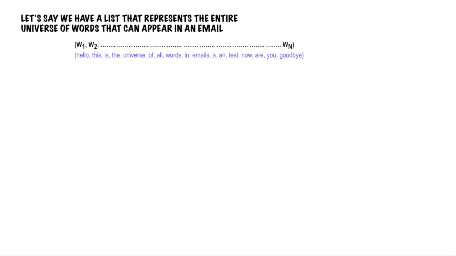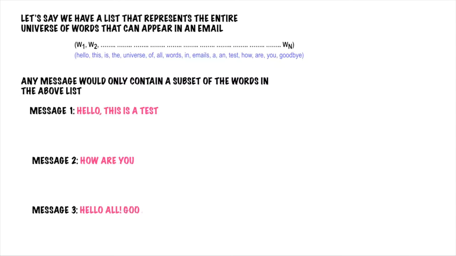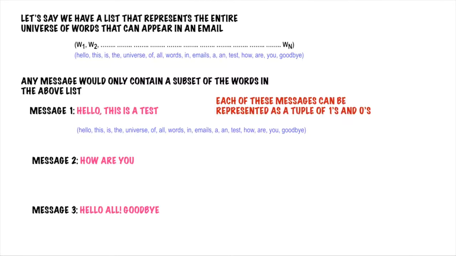So no other words can appear in any email. Then any message or email would only contain a subset of the words in the above list. Let's take a few examples. Let's say these are the three messages. Hello, this is a test is the first message. How are you is the second message. Hello all, goodbye is the third message.